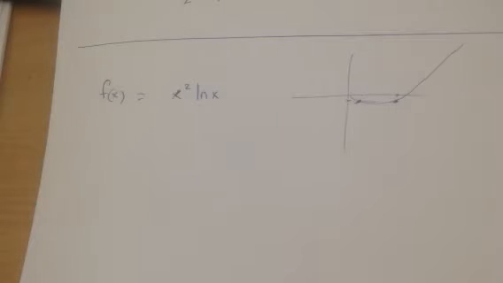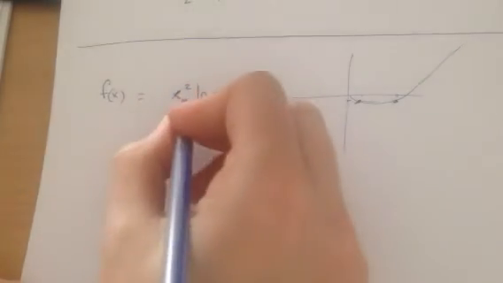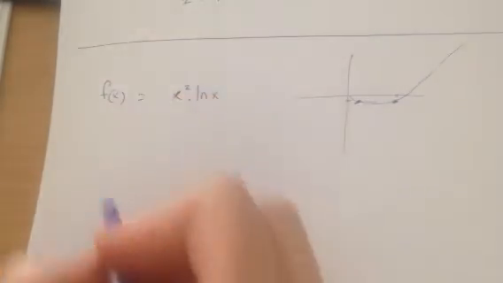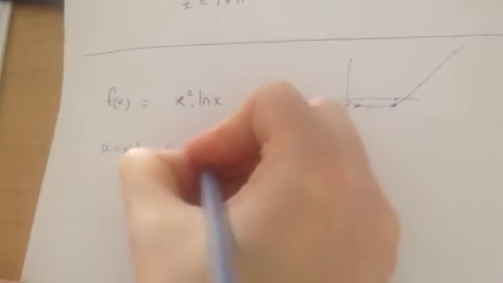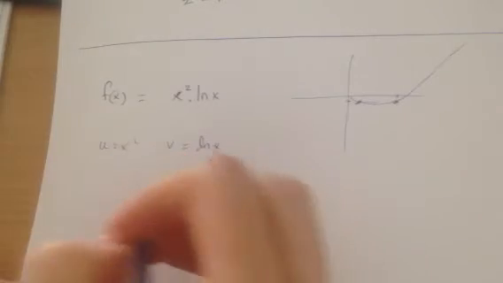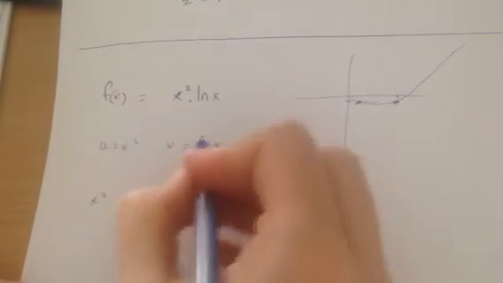Part B then, it says find f dash of x, so it wants me to differentiate this. So I'm going to use the product rule to do it. U is x squared and v is ln x. So the product rule says u times dv dx.